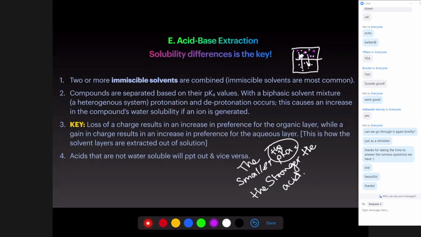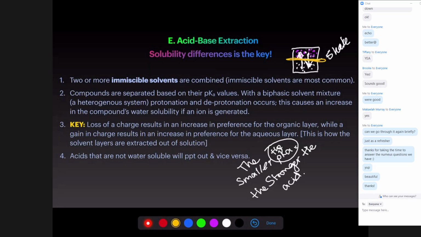This is a very terrible example, but I promise we will do better on Thursday in office hours as far as photos and pictures go for separations. Okay, so basically when you shake this solution, the protons go from one layer to another and separate. Does that make sense?